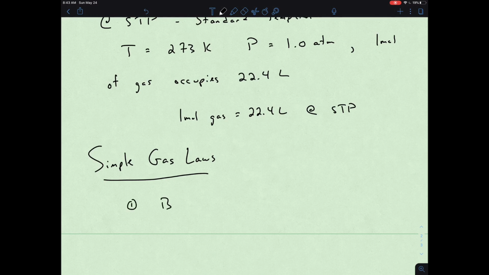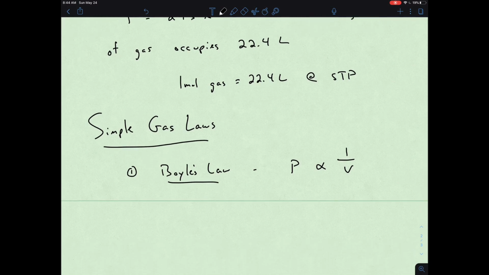The first one is Boyle's law. And basically what Boyle found is that pressure is proportional to 1 over volume, or the inverse of volume.